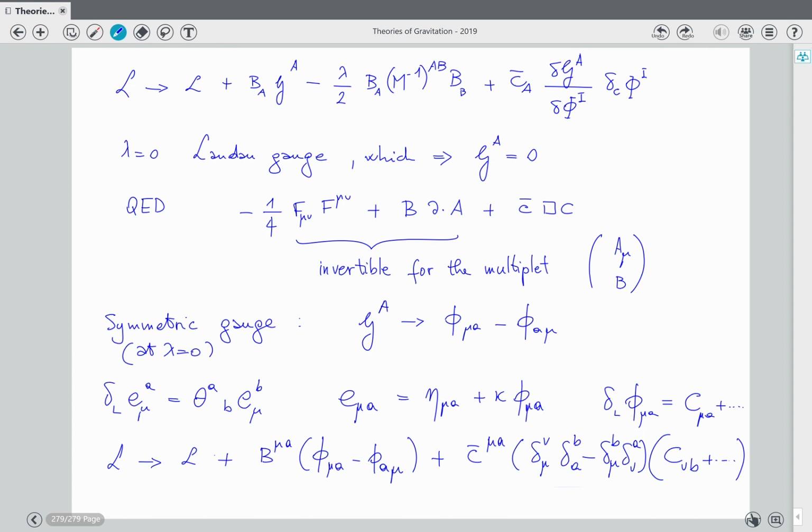This is antisymmetric when theta AB is antisymmetric, so we have to remember that C is antisymmetric. And of course, C bar is antisymmetric because it's the partner of C.